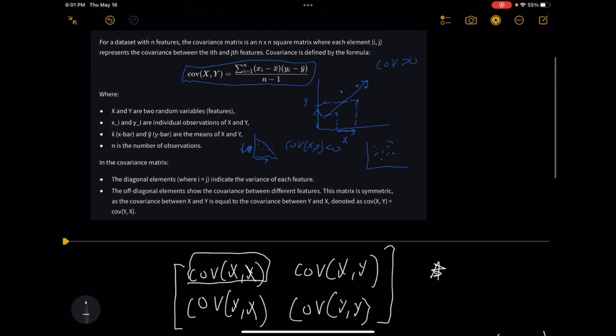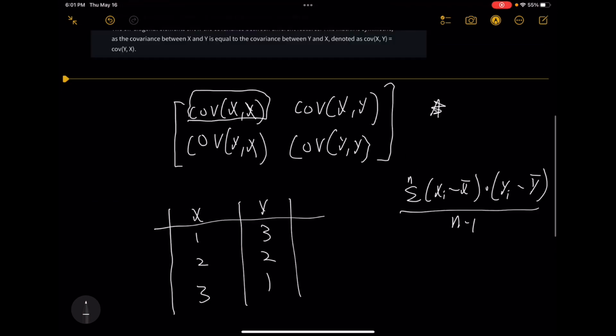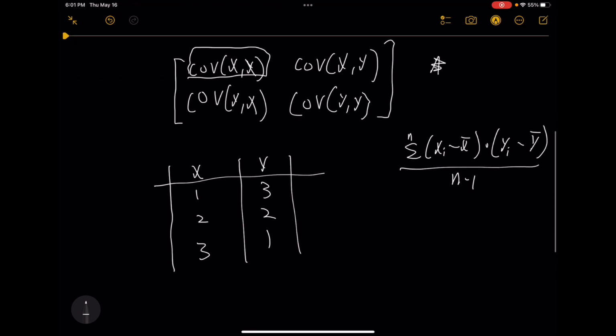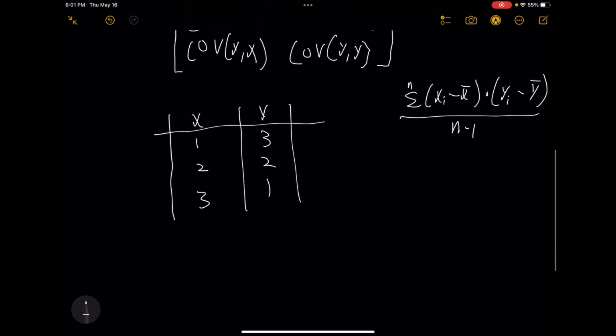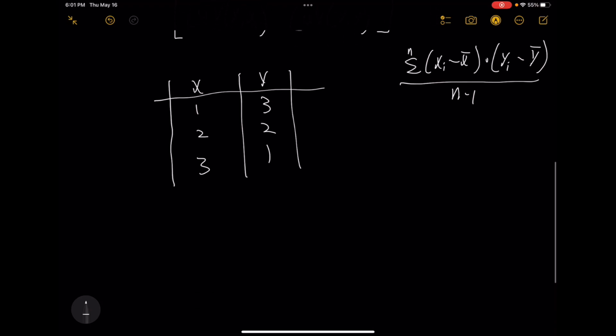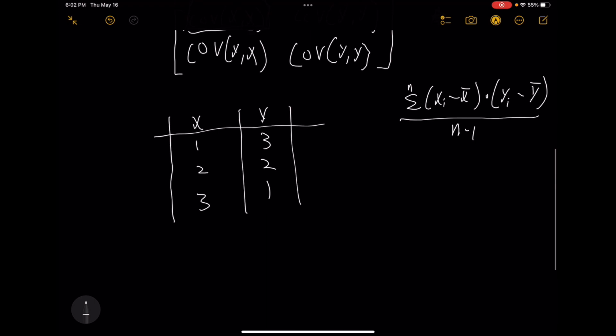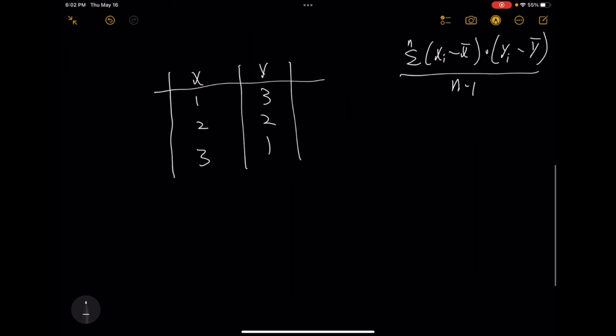Let's see if I got that correct. Yeah, so that's pretty correct. So in this example, the covariance of x comma x would actually simplify down into the variance, but we'll go through just a quick example of why that would be. So let's compute this, and then we'll compute the covariance of x comma y. This way you see how to do both.